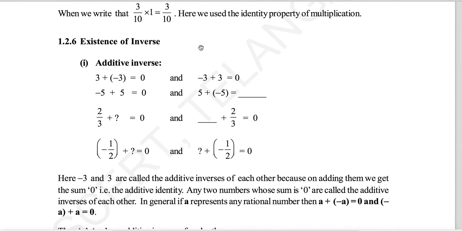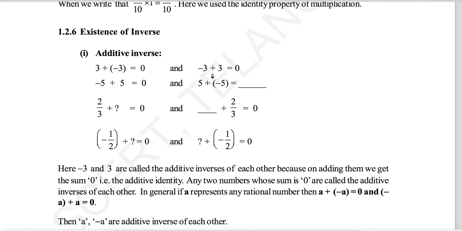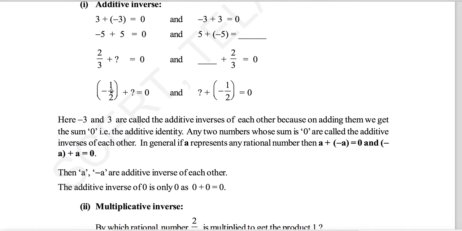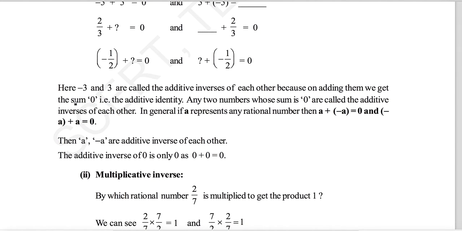Existence of inverse. Additive inverse: 3 plus minus 3 equals 0, minus 3 plus 3 equals 0, minus 1/2 plus 1/2 equals 0. These are the additive inverses like we discussed earlier, right? The result should be the additive identity.